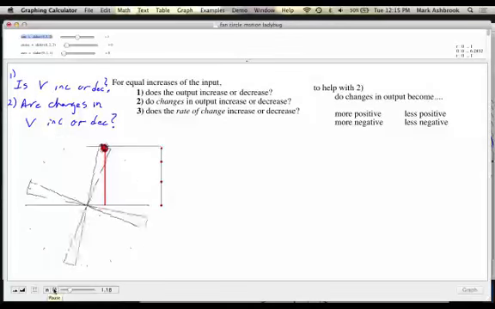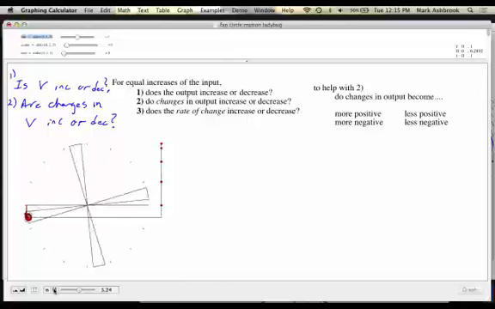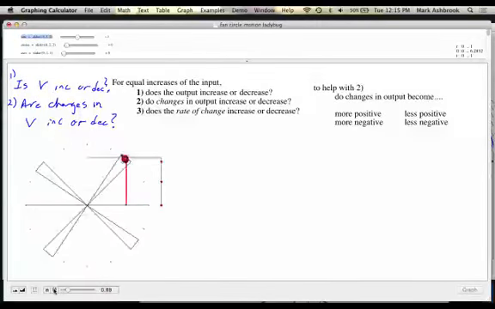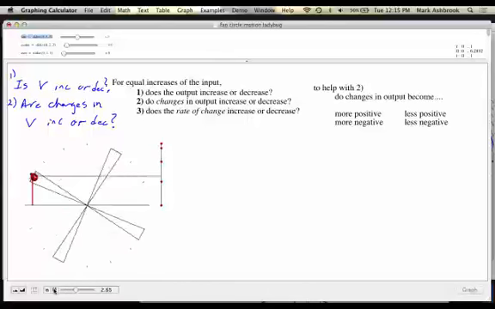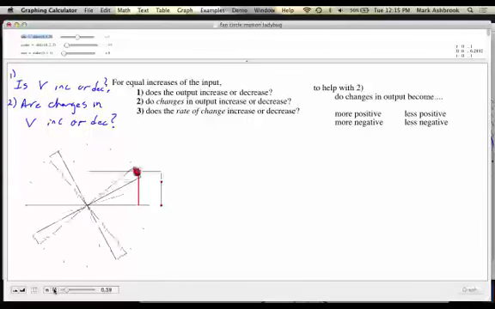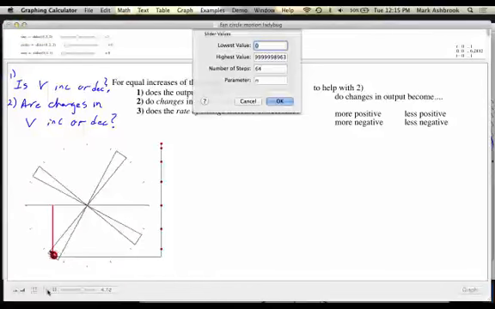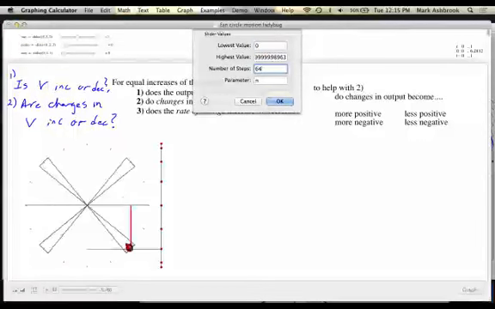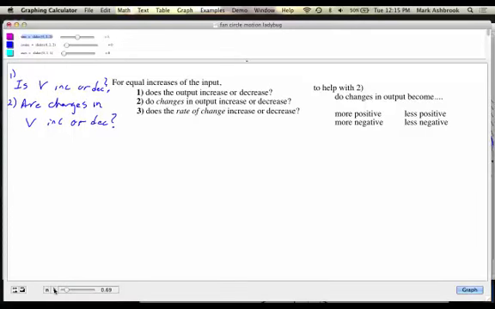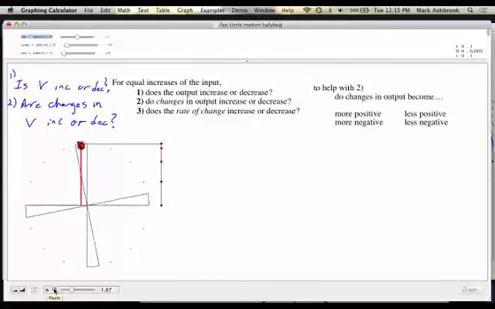Okay, so you can use this animation to help you, and I'm showing you the changes for every pi over 8 increase in angle on the right, so it helps you answer these questions. I'm going to slow it down even more. Okay, and I've got some stuff to hand back.